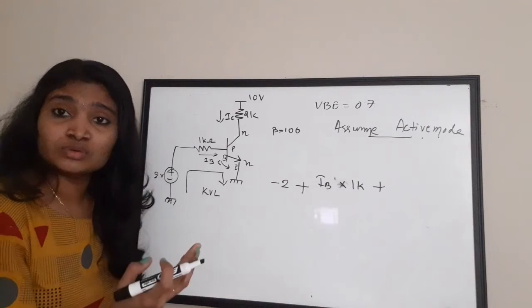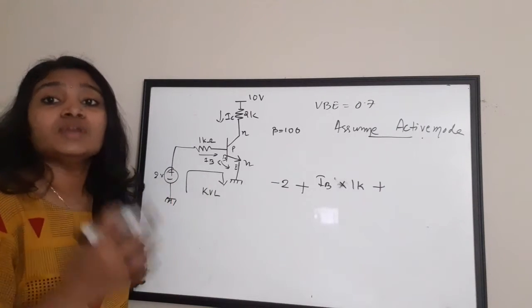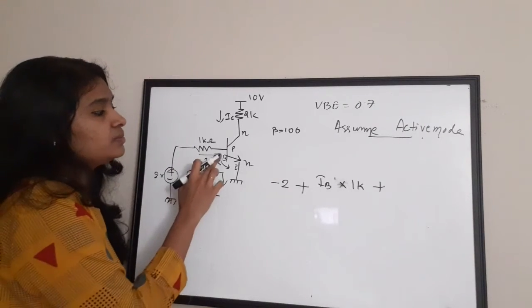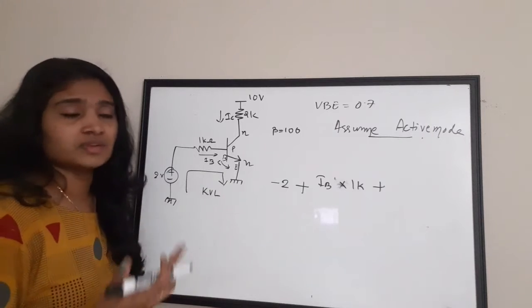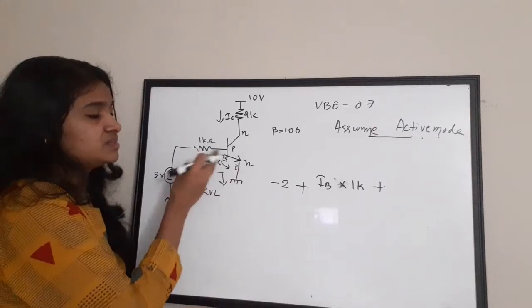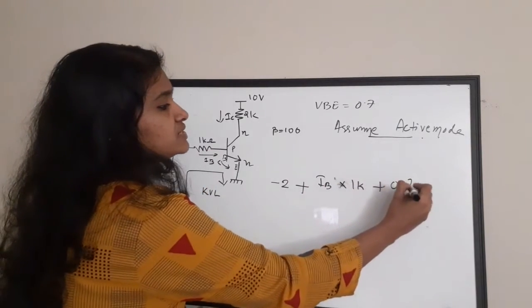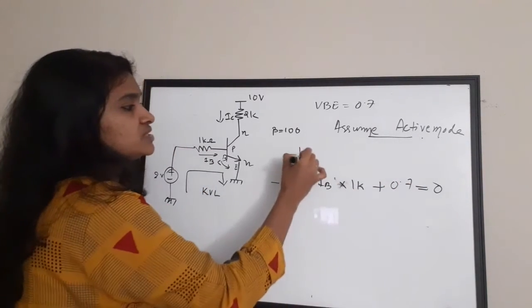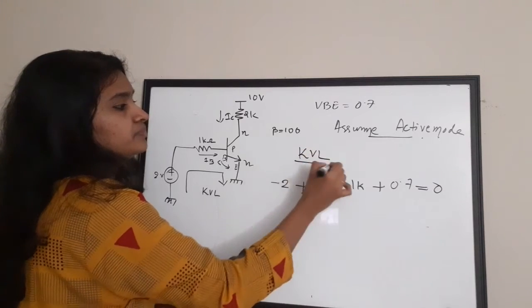Since we have assumed it is the active region, we take the base-emitter voltage as 0.7, which is the minimum voltage required to turn on the PN junction in the base-emitter region. So plus 0.7 is equal to 0. This is KVL.